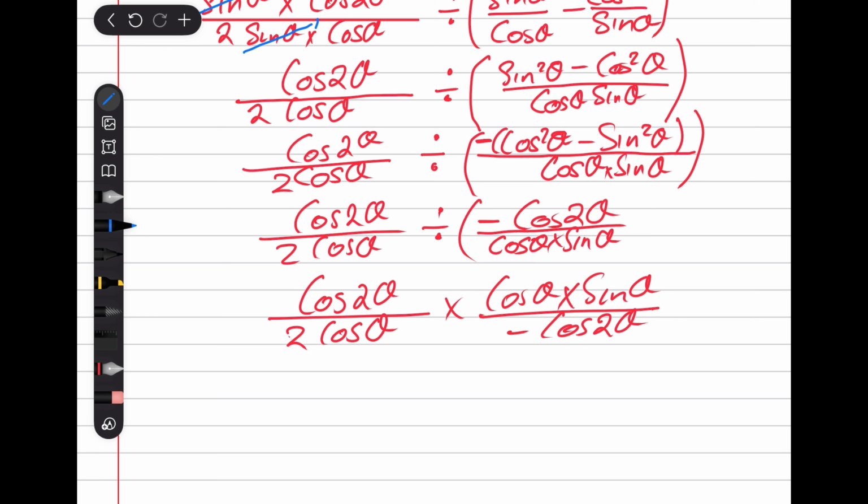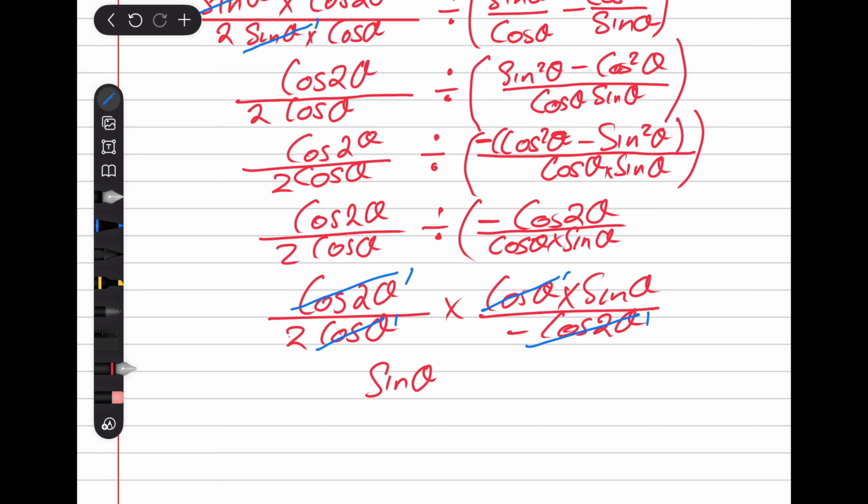So what are we going to have from this one? We know that cos theta is going to divide out with cos theta, going to be left with 1. We know that cos 2 theta is going to divide with cos 2 theta, going to be left with 1. Then what is it that we are left with now? We are left with 1. So 1 times 1, it's 1 times sine theta, we are going to get sine theta.